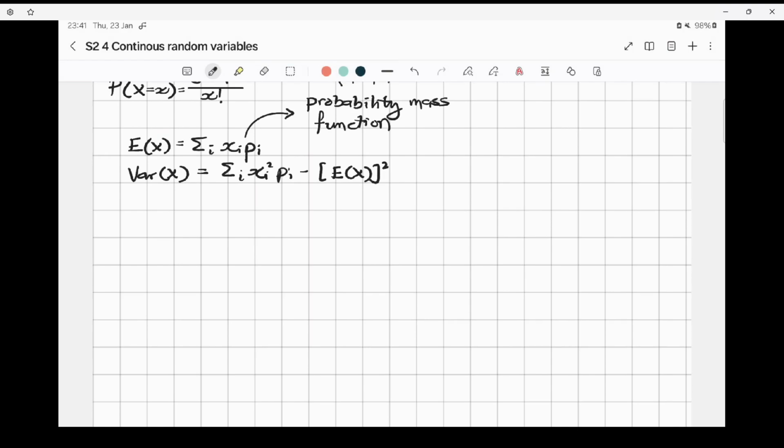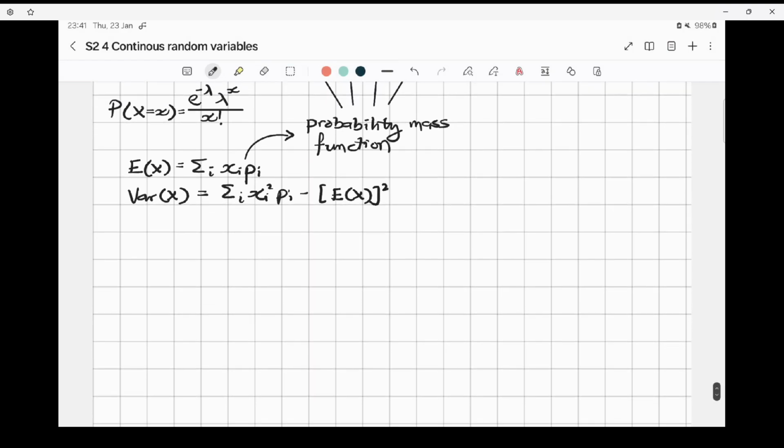So before I review what the form is again, let us begin with the continuous random variable version of the probability mass function, which is called the probability density function.